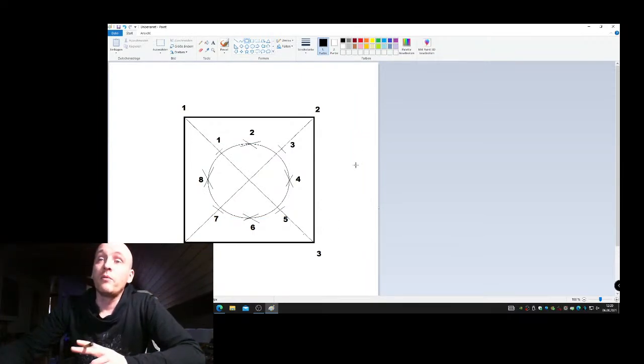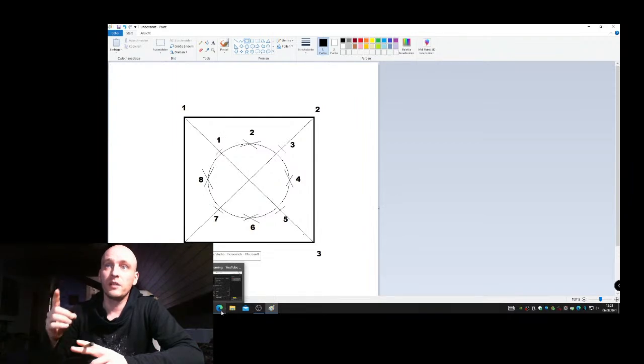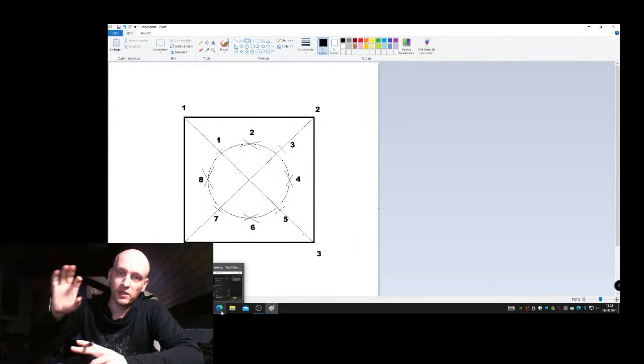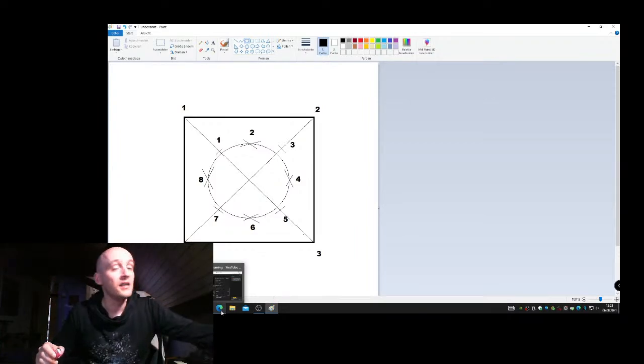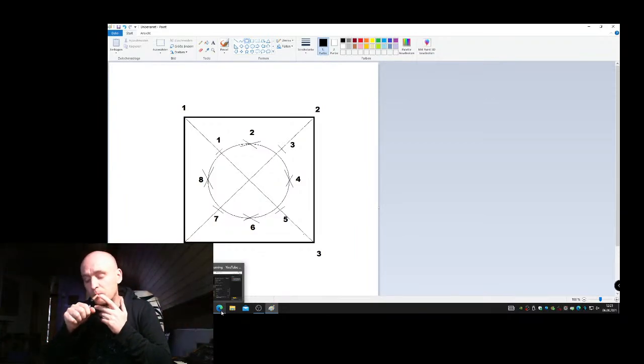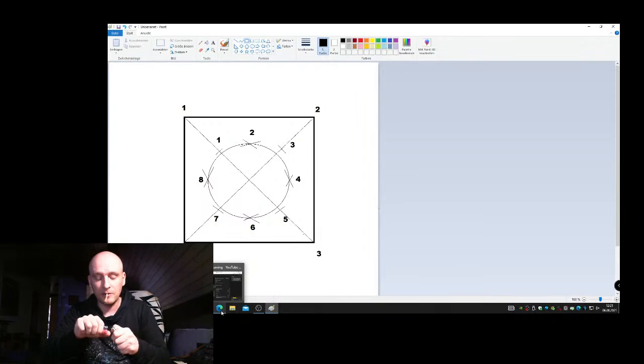So how do we create the E8 to A5? We have now 1 2 3 4 5 6 7 8. Normally you would say 8 divided by 2 is 4 points. But it is not so easy.